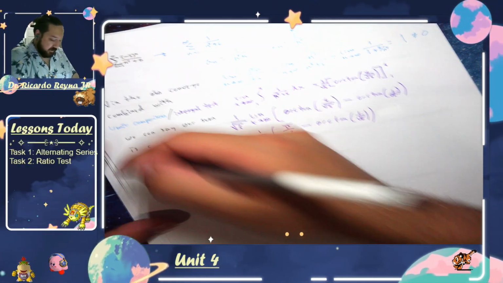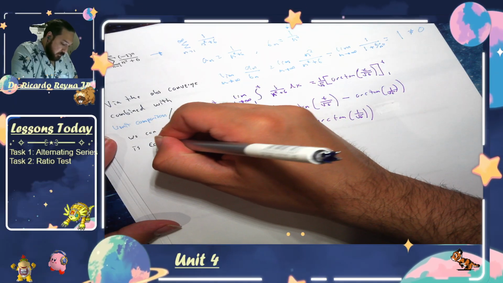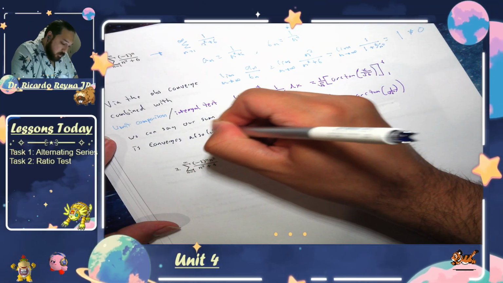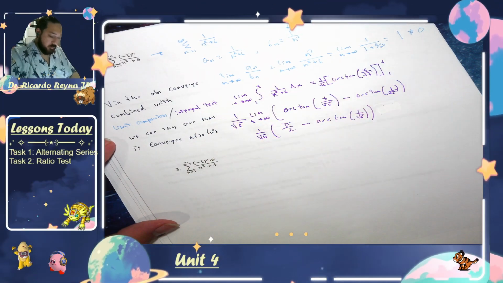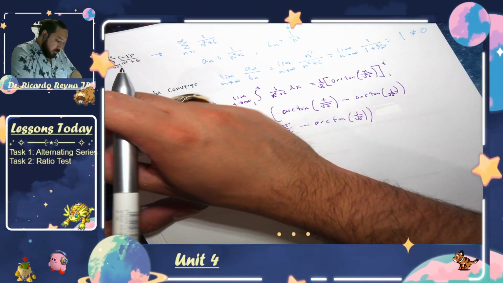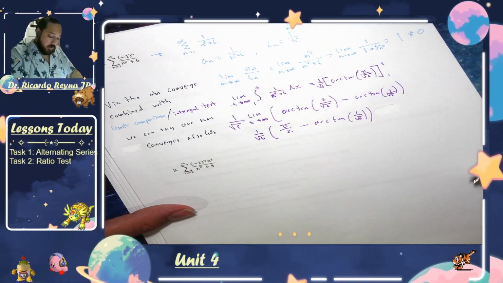I keep wanting to say is. Converges absolute. Okay. All right.